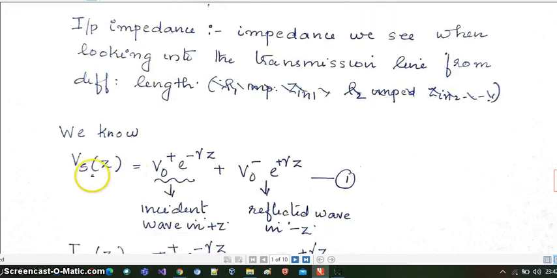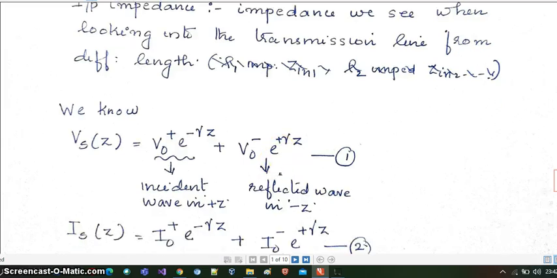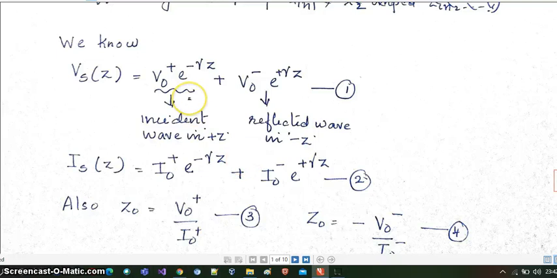Now we know Vs(z) equals V0+ exponential minus gamma Z plus V0- exponential plus gamma Z, which we derived earlier. The first term represents the incident wave along the plus Z axis, because here the exponential has a minus term.